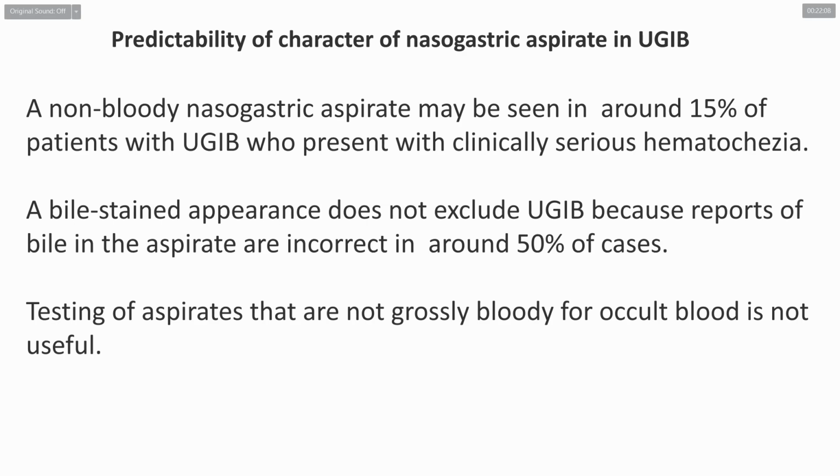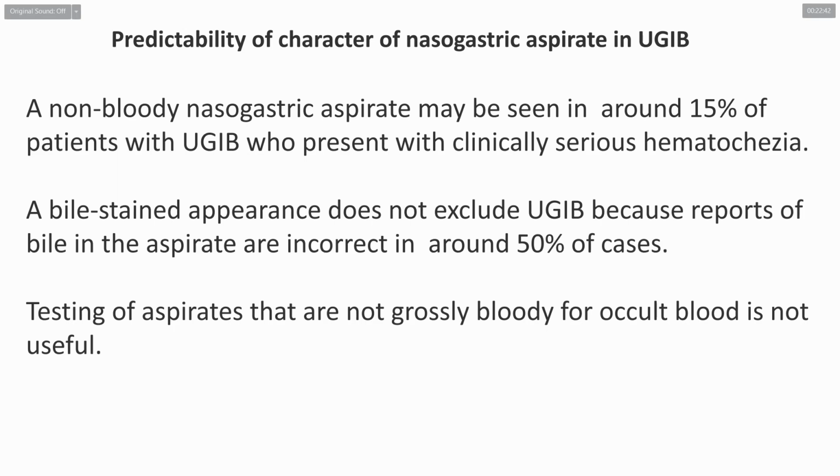In 15% of them, the NG tube will not show blood. So what's the point? The other thing is a bile-stained appearance on the NG tube definitely does not exclude upper GI bleeding, because reports of bile in the aspirate are incorrect in around 50% of cases. The nurse says, oh, this is bile, this is not blood. Or the surgeon says, oh, this is bile, not blood. He's mistaken in 50% of the cases.